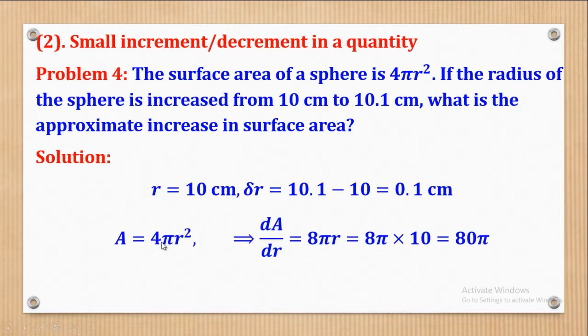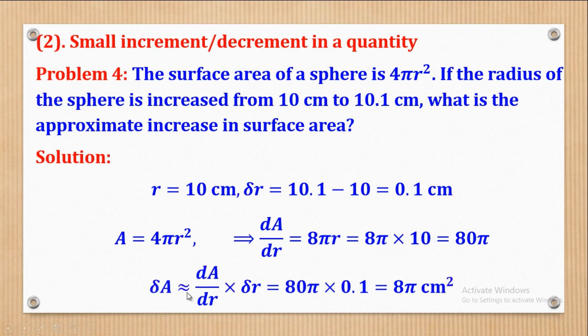Area is 4 pi r squared as it was given in the question. Before we substitute for r, you have to first differentiate. So I'll differentiate A to get dA/dr being equal to 8 pi r. Now that I've differentiated, I can substitute for r. My r is 10, so I'll substitute to get 80 pi as dA/dr.